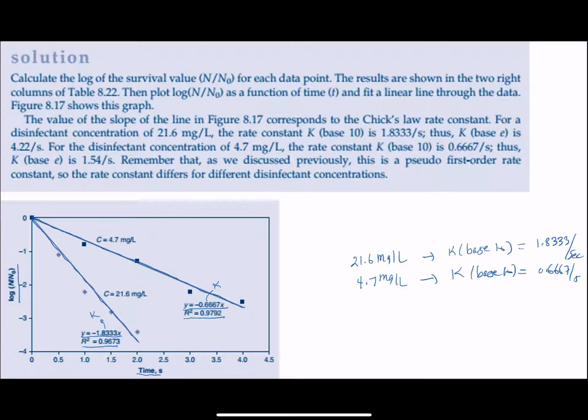So you can see that with the base e, 1.54 per second for the 4.7 milligram, and 4.22 per second for the 21.6 milligram, it also indicates the same thing. It also indicates that the first order rate constant, k, is increasing with the 21.6.